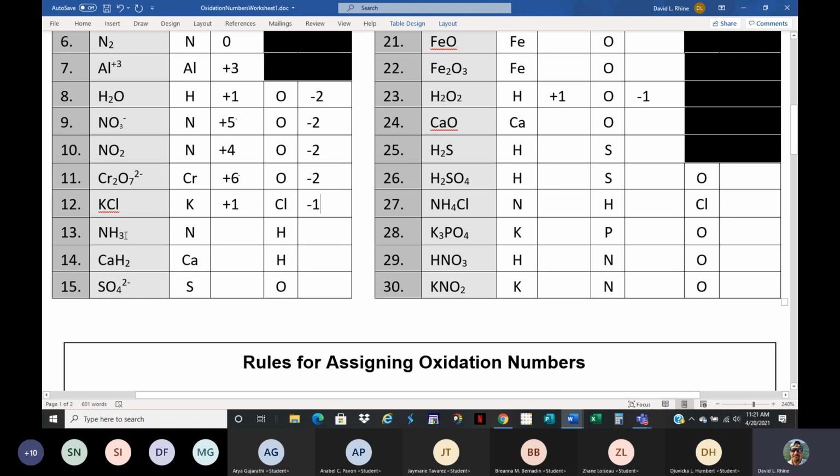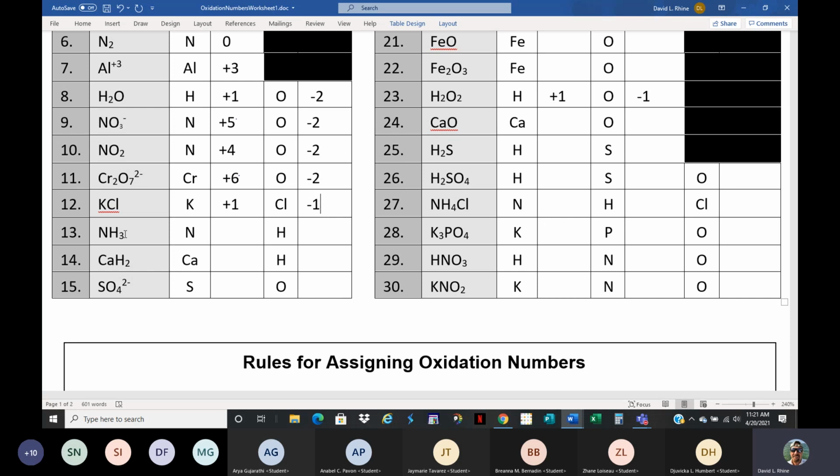Now, almost all chemical formulas have the positive oxidation number on the left and the negative on the right. That's a pattern that's usual, but normally, the first one you see is the central atom.